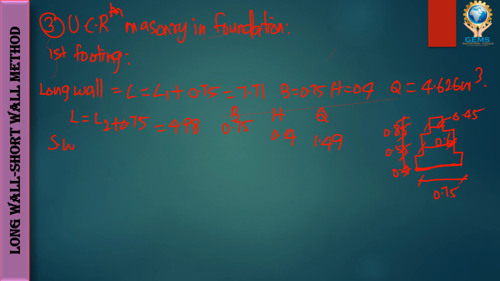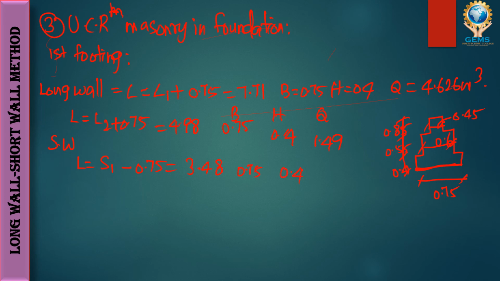Then for the short wall, what will we get? Short wall length is equal to S1 minus 0.75. So we will get 3.48. The breadth will be the same 0.75, and 0.4.